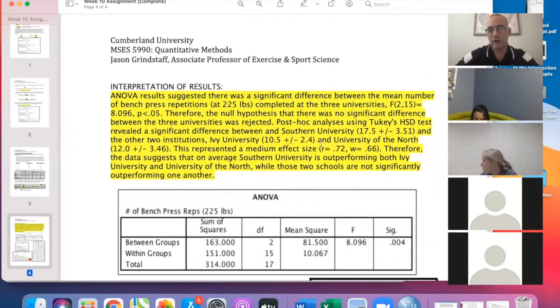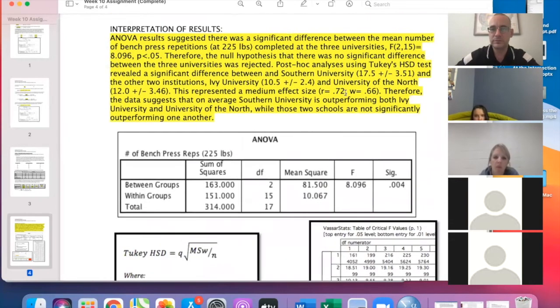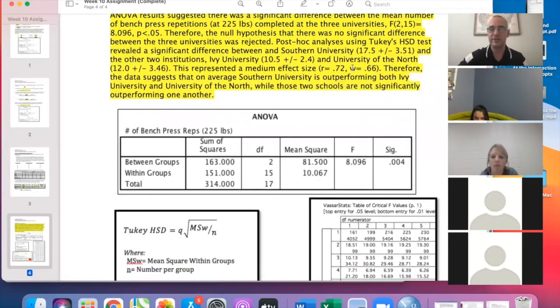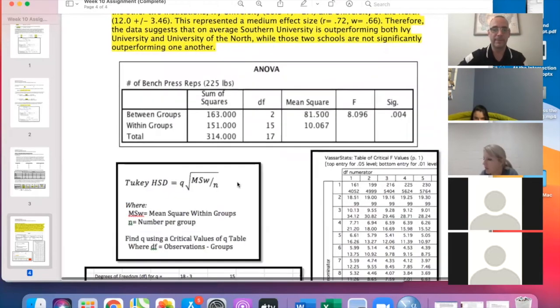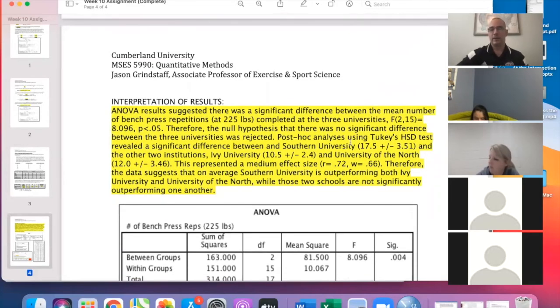And then we report our effect size. I see here in my write-up, somewhere in my notes, there was probably another way to calculate effect size. I give you the formula here for effect size of R squared. That way you can just calculate R. Anyway, so that's our interpretation.